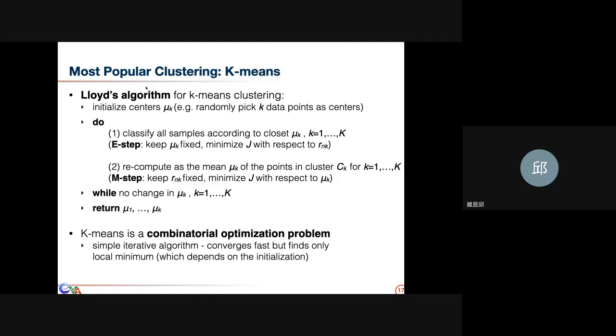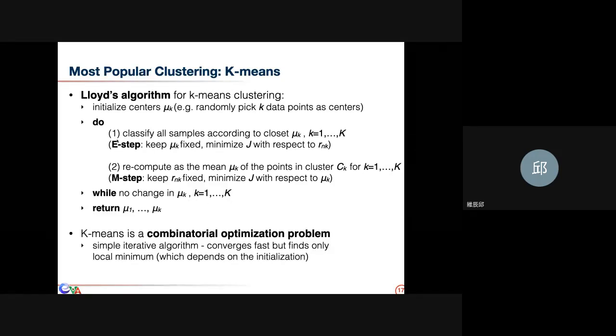Here comes the main algorithm behind k-means, the main learning procedure of k-means. For k-means clustering, you can first initialize the centers mu k. For example, you can randomly pick k data points as your initial guess of the centers. Then you do the following two steps iteratively until it converges.